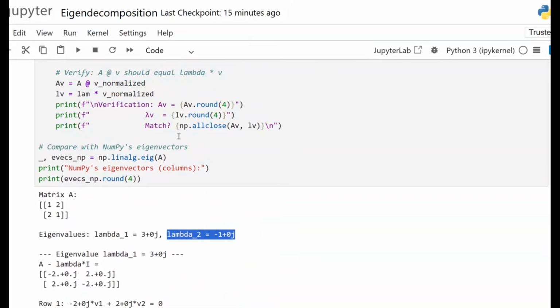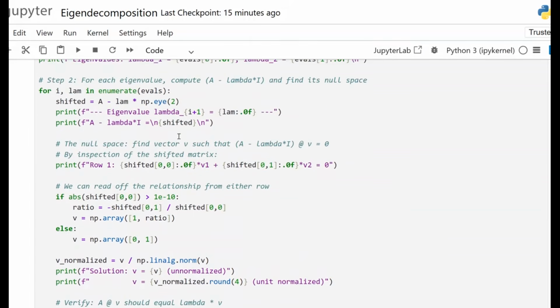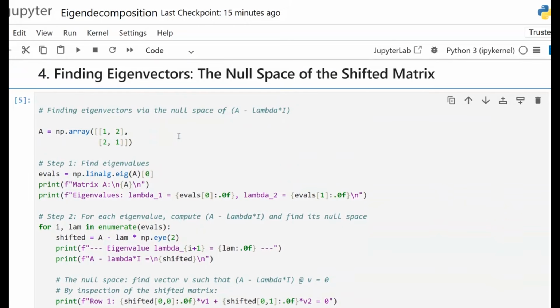Dear friends, this exact code demonstrates the canonical procedure.